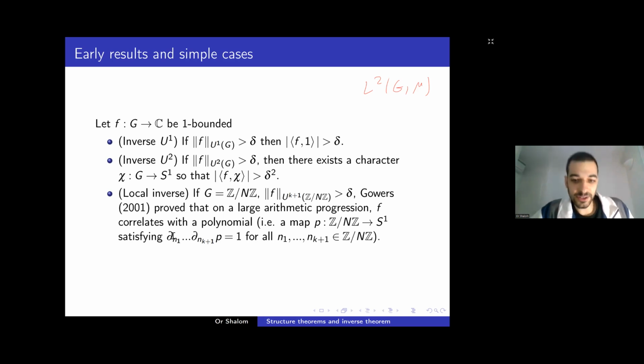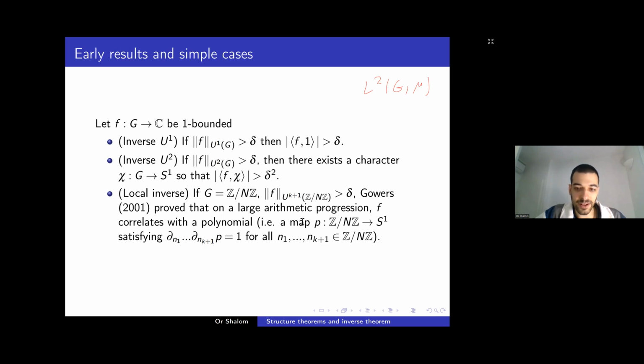So the first one I would like to tell you is the one that Gowers used. Gowers specifically studied the cyclic group. And he showed that if you have large Gowers norm, then at least locally, that is, you can identify a large arithmetic progression in this group Z mod NZ, so that if you compute the inner product only on this large arithmetic progression, you can show that f correlates with a function that we call a polynomial.